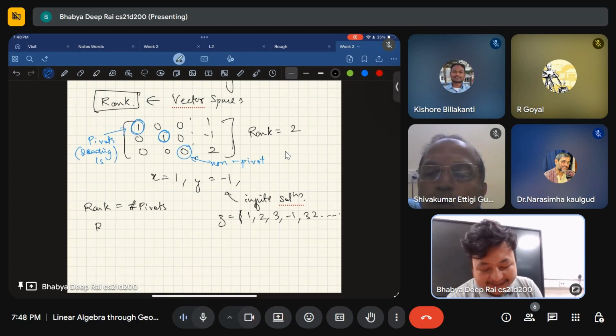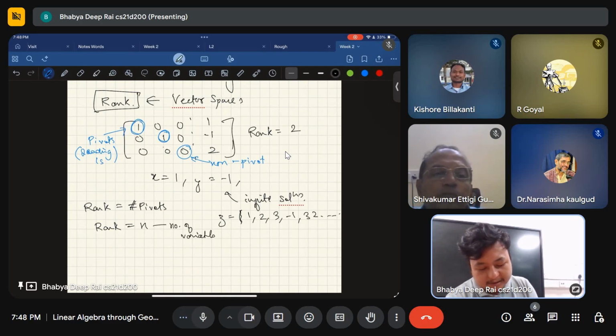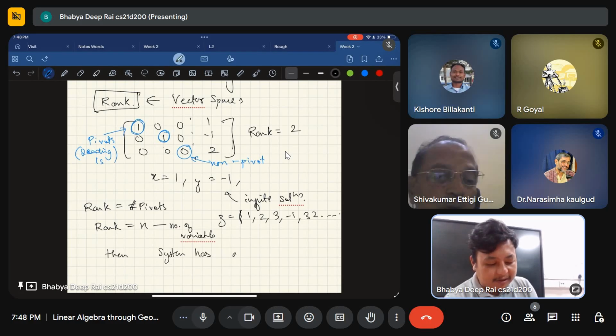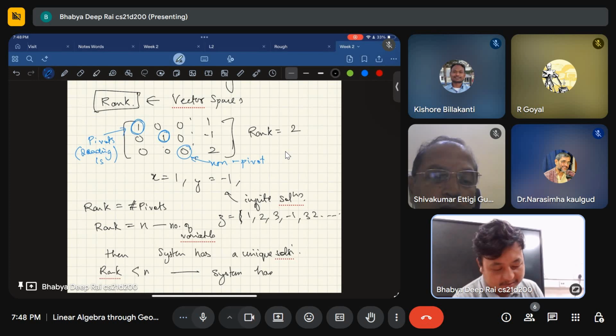So it simply means that when rank is equal to the number of variables n, then the system has a unique solution. And if rank is less than n, then the system has infinitely many solutions.